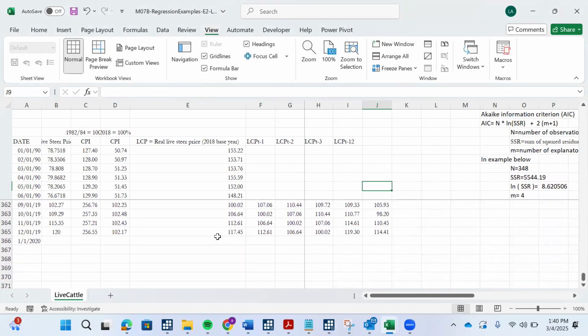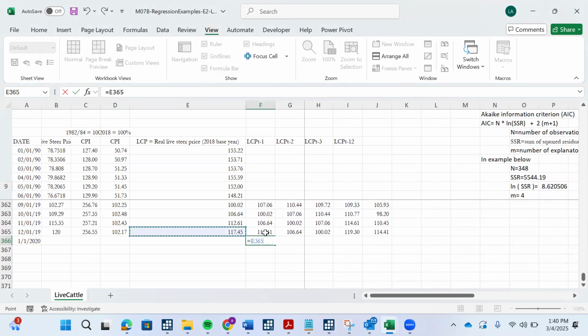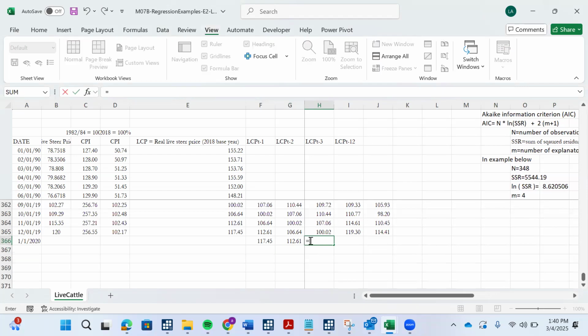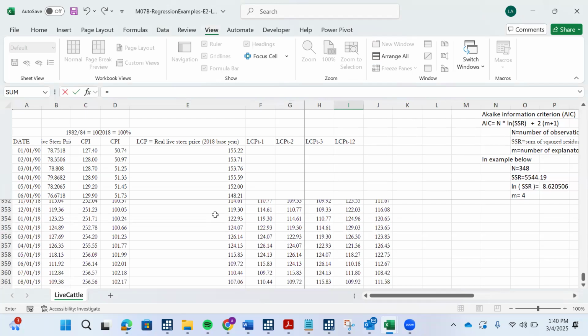All right, so we have our real steer price in this month, which we don't know, but we do know what it was the month before. We do know what it was 2 months before and 3 months before and 12 months before, last December.